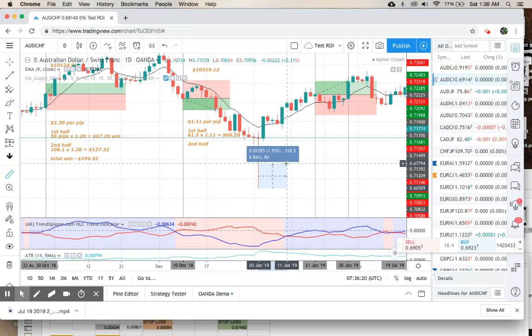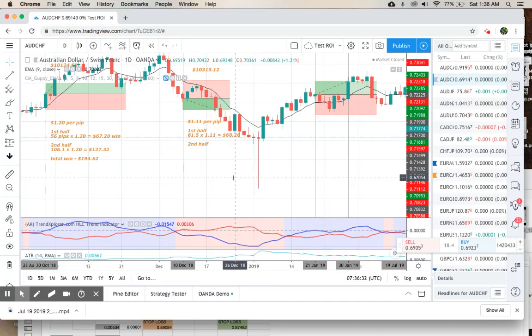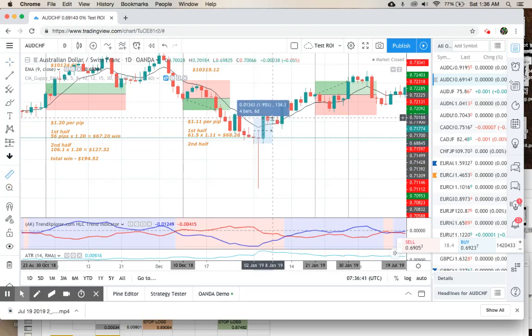I mean, to sit here and say that it went all the way to here when the chances of that happening. So I'm going to pretend that this flash crash thing or whatever isn't here, just not to skew the numbers too bad. And I'm just going to go from the bottom of this candle. I think that's fair.